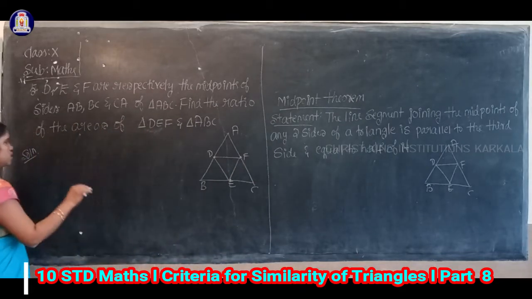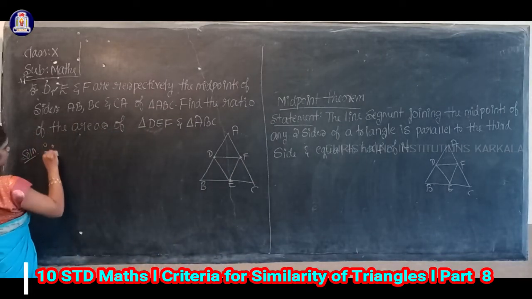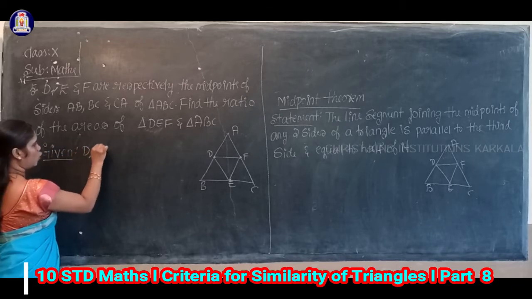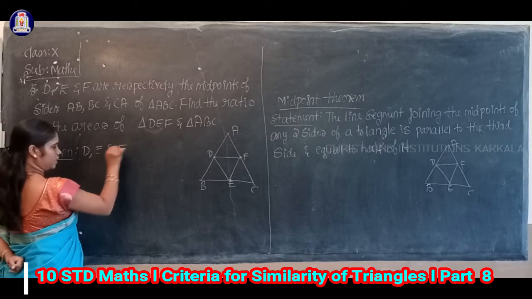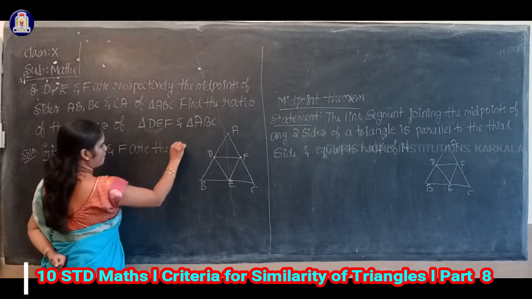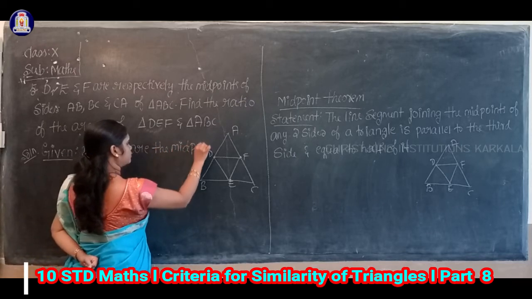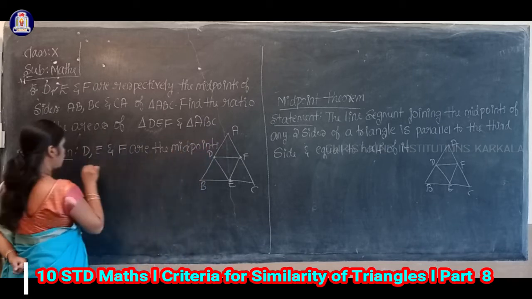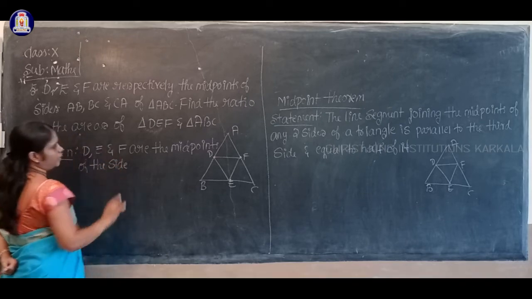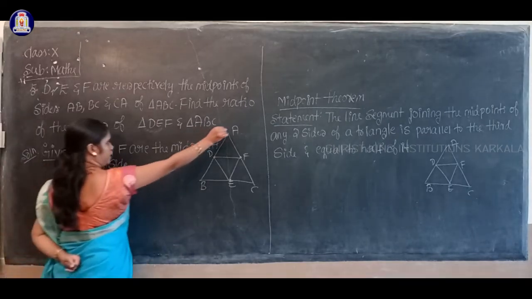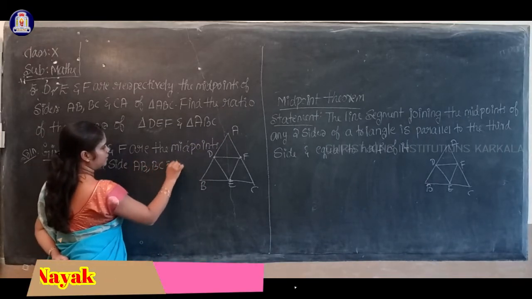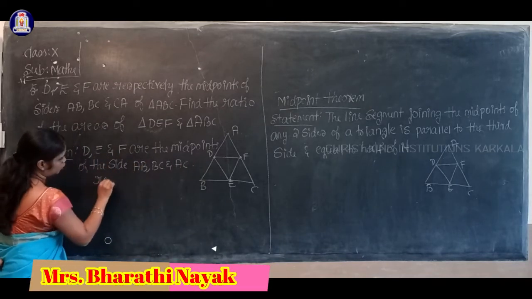So first I will write given. Given: D, E and F are the midpoints of the sides AB, BC and AC respectively.